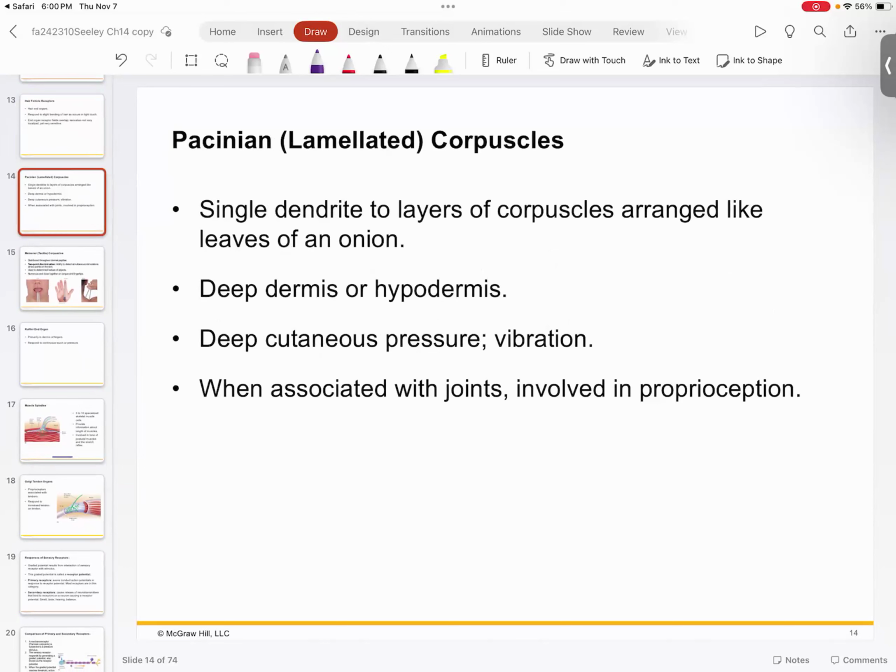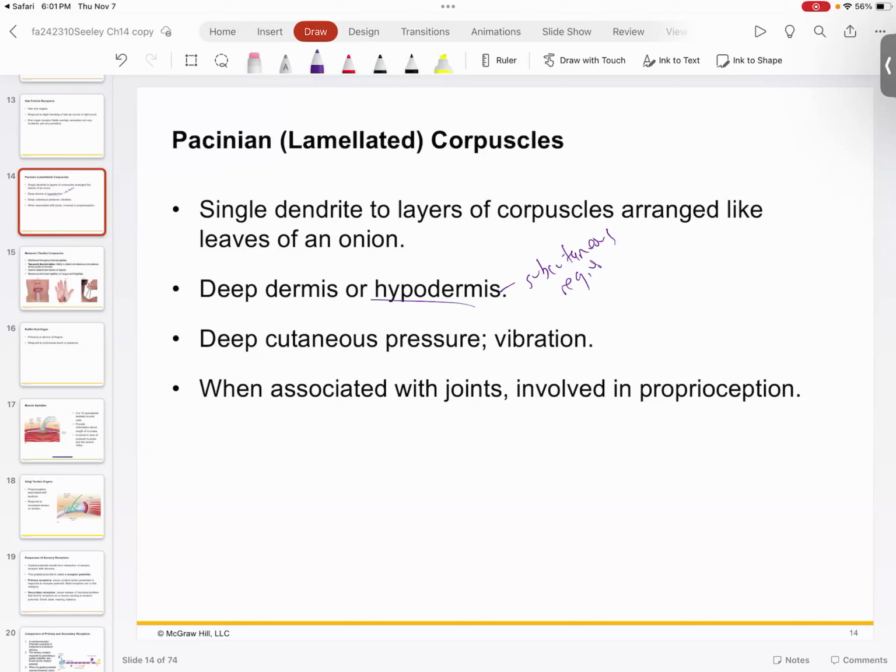Your lamellated corpuscles, or your Pacinian, take a dendrite and wrap layers around it to create this kind of onion-like structure. It's typically very deep in the dermis, right next to the boundary between the dermis and the hypodermis. The hypodermis is the same as the subcutaneous region.